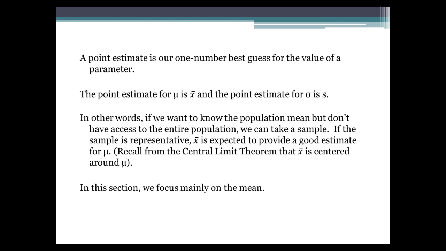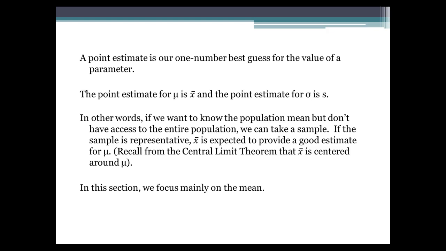confidence intervals consist of two things. The first thing is a point estimate. A point estimate is if we had to pick one number to be our best guess for the parameter, that would be the point estimate. Really the point estimate is just the statistic that corresponds to the parameter we're looking for.